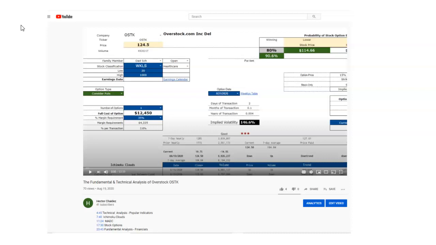Options is one of many ways, but you have to be careful, specifically with margin accounts, because with margin accounts, basically whoever you're trading with is going to loan you money to, in my opinion, speculate on a stock, whether it's going to go up or down, and then hopefully everything goes your way and you're able to make money.